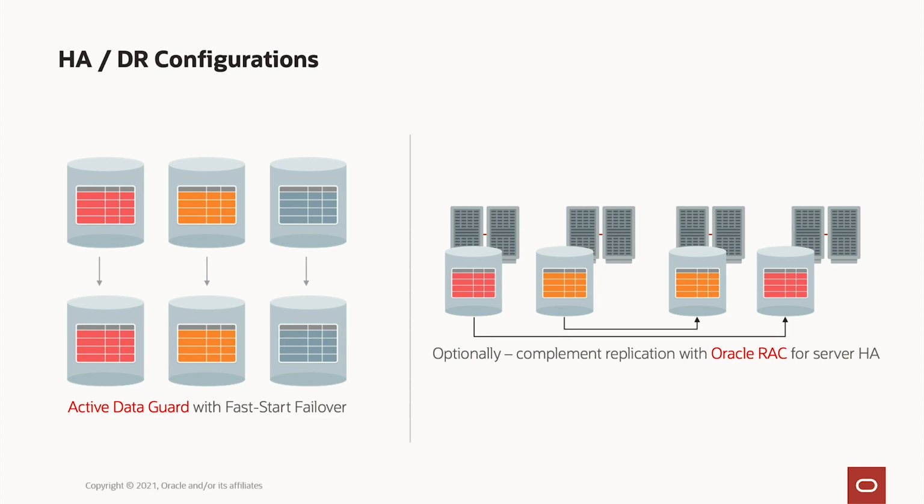So that's one way of doing protection from local failure as well as from a disaster recovery point of view. Additionally, these replicas could also be configured to use Active Data Guard, which means we can run all our read-only queries against the standby instances we have.